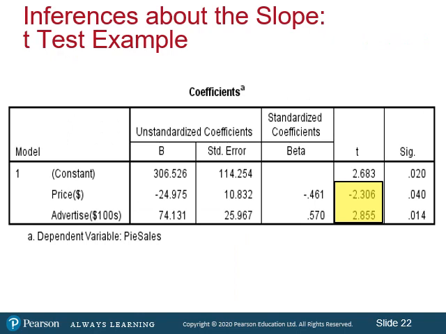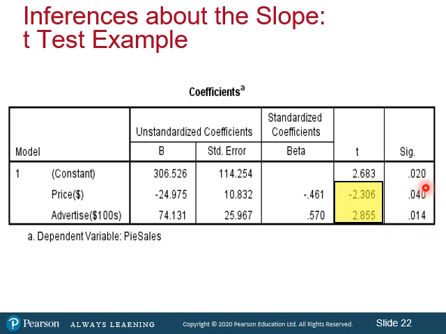How do you interpret the result from the SPSS output? It will give you a table like this, and we will have a t value here and the p value here. The t value here, negative 2.306, you will compare with the table value. 2.855 you will also compare with the table value. Here we have the p values.